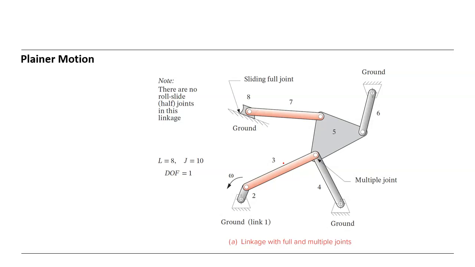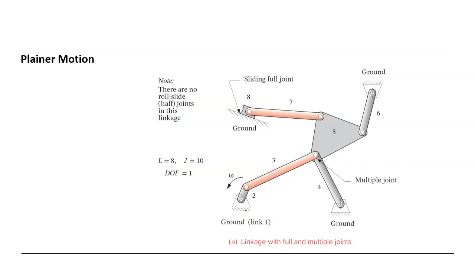When you have a problem to solve regarding a mechanism, first of all you have to check the joints, the links and the degree of freedom. All of them are very important because you have to be sure that the mechanism can run.